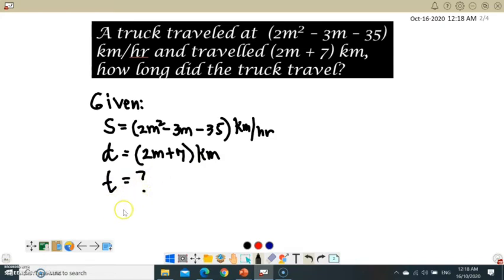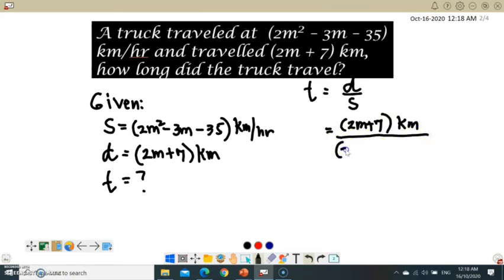So for us to find the time, we're going to use the formula time is equal to distance divided by the speed. So we substitute the values. Distance is equal to 2m plus 7 kilometers. The speed of the truck is equal to 2m squared minus 3m minus 35 kilometers per hour.